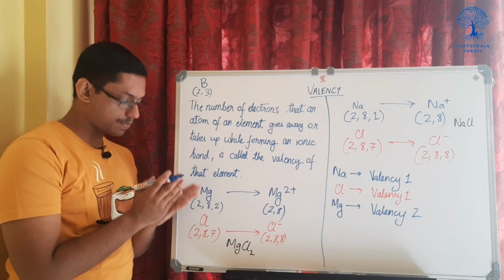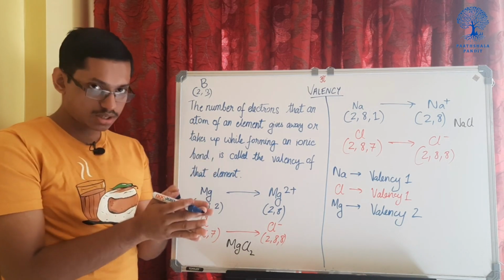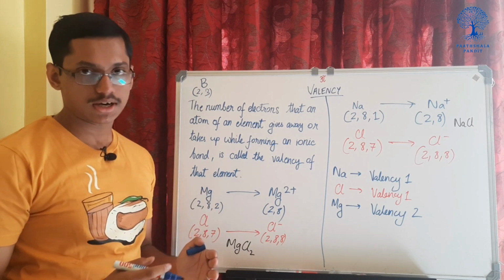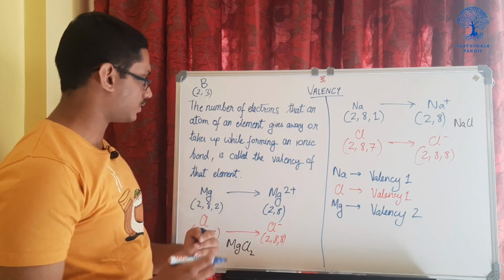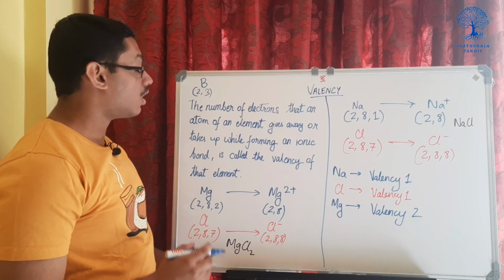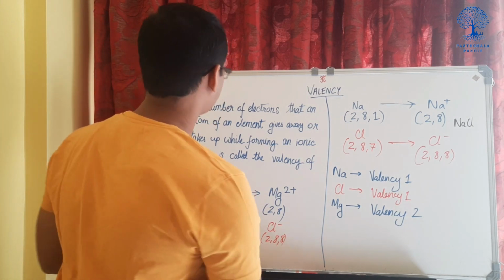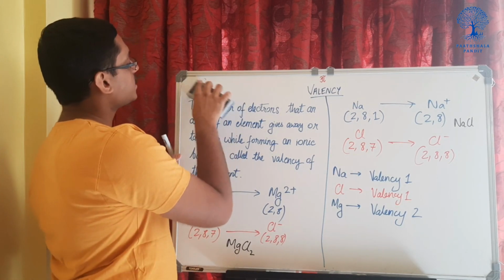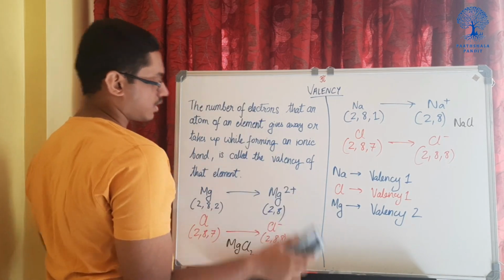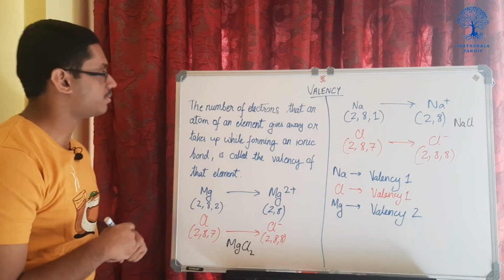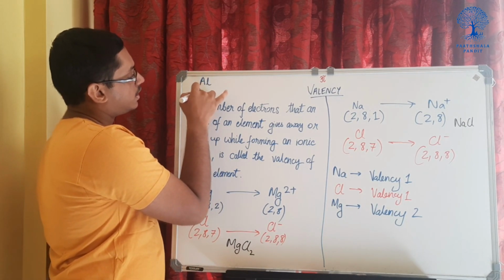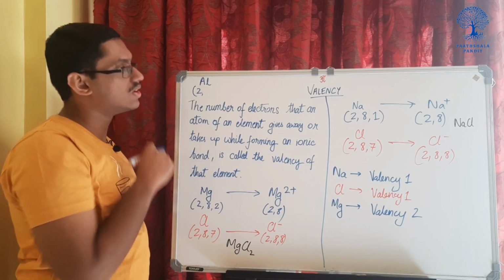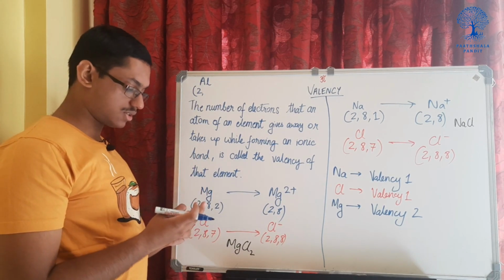Here it cannot perform an octet condition. Or wait, let me do one thing. This example is a bit complicated. Let me give you the example of aluminium. Al, let me count the number of electrons it has.